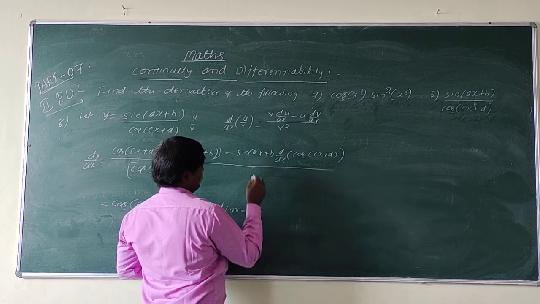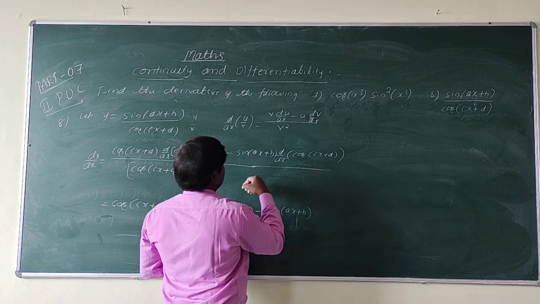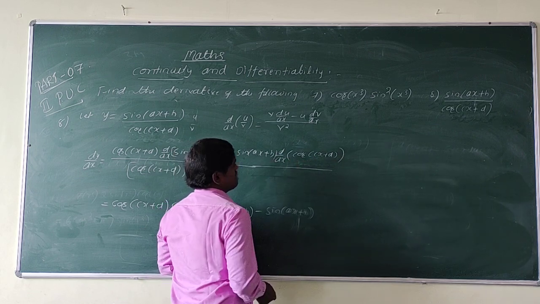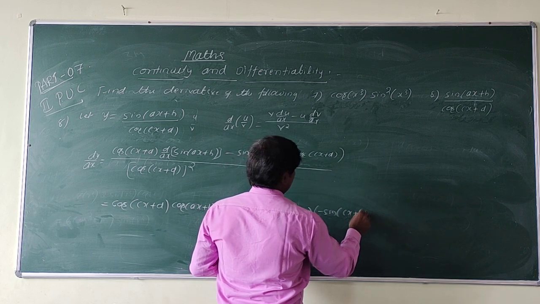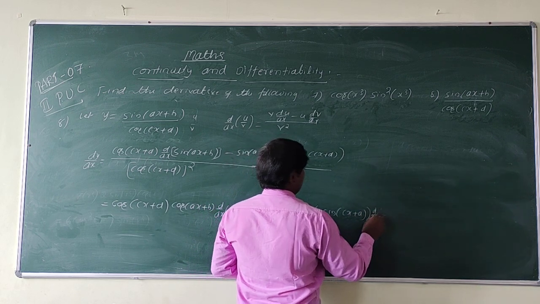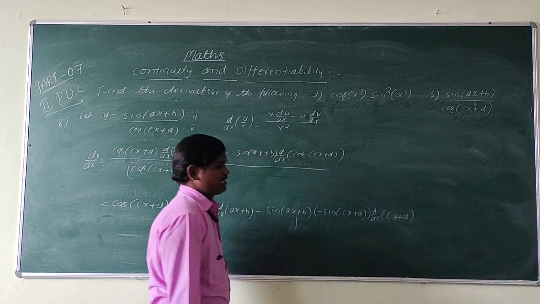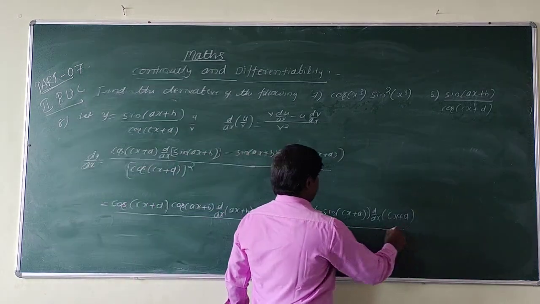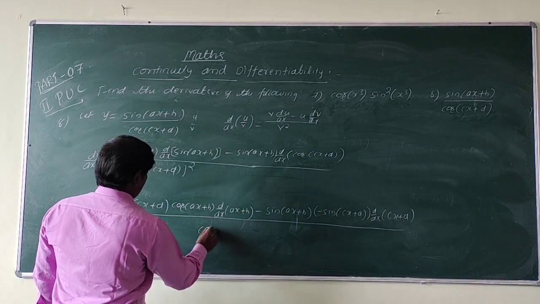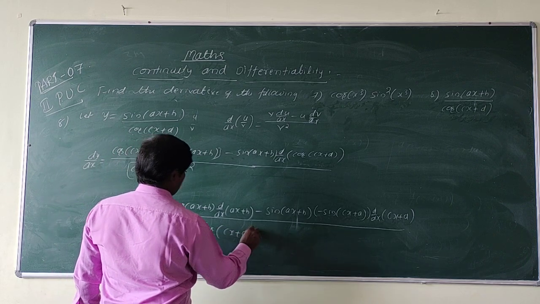Minus sin of ax plus b into differentiation of cos, that is minus sin of cx plus b into d by dx of cx plus b, whole divided by cos of cx plus b whole square.